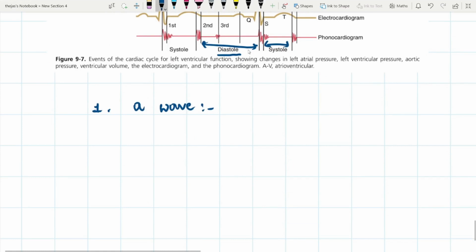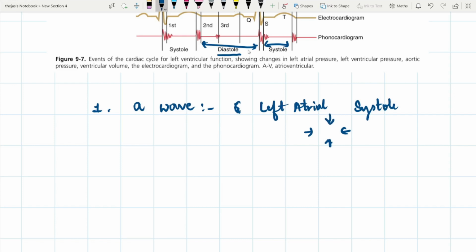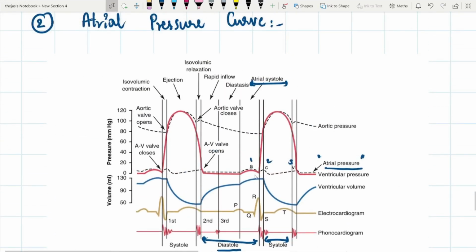This wave occurs due to left atrial systole. Systole means what? Contraction, right? If there is contraction, there is an increase in pressure in the left atrium, right? Because of atrial systole, in this duration, the A wave occurs in the atrial pressure curve.